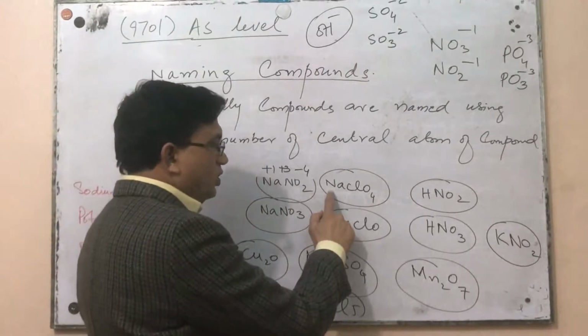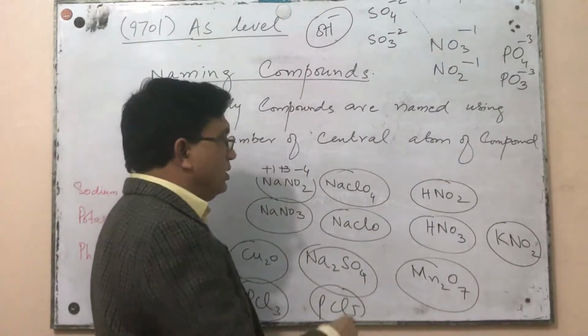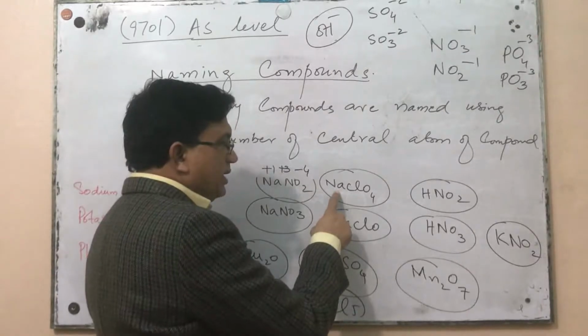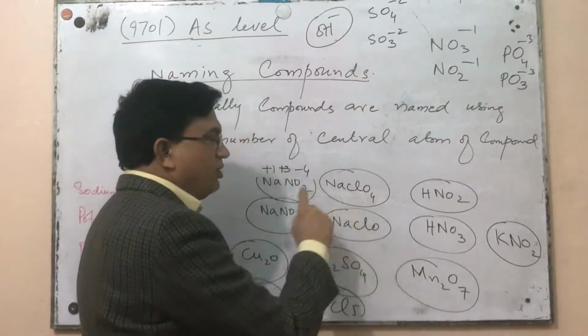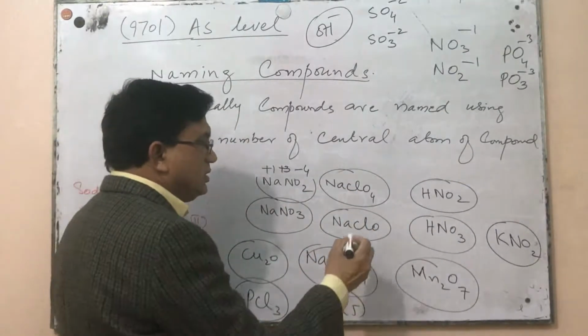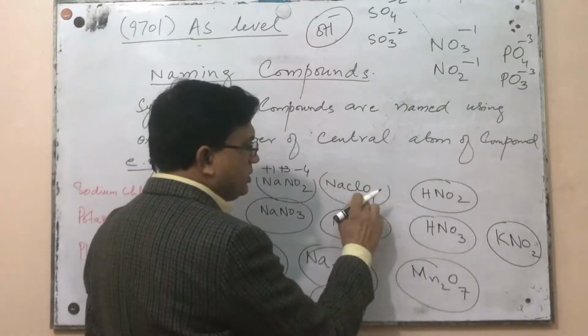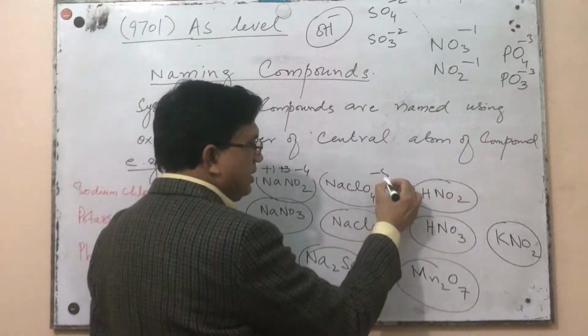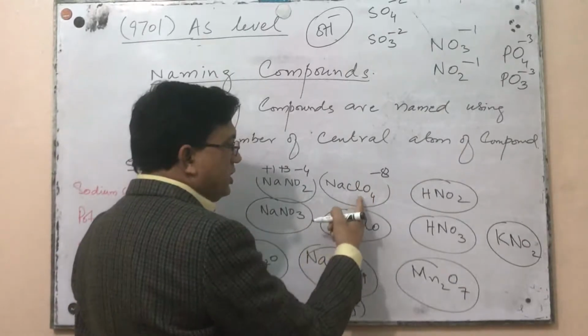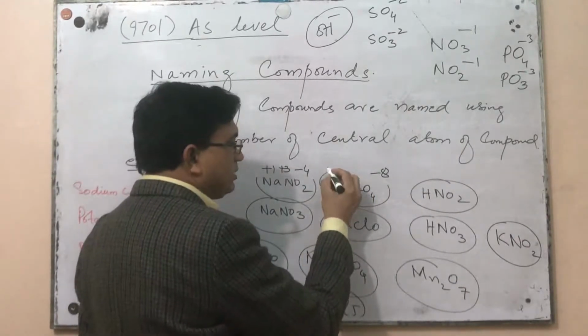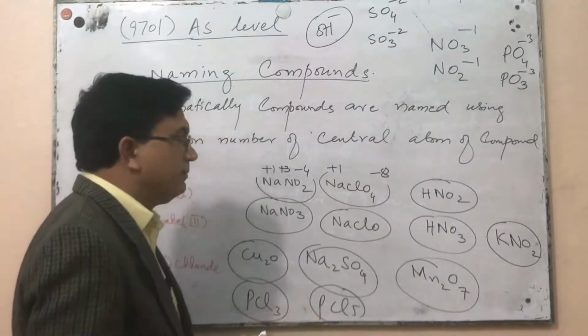According to that formula, this is sodium chlorate 7. Why 7? Because the oxidation state of oxygen is here -8. Oxidation number of sodium is +1, that is fixed.